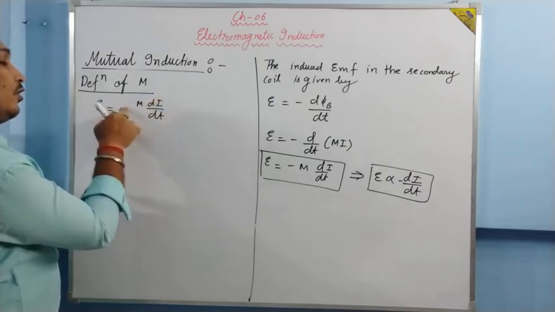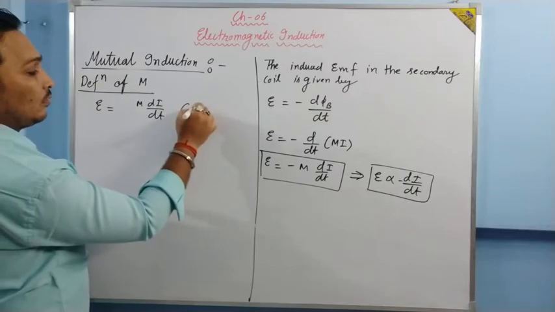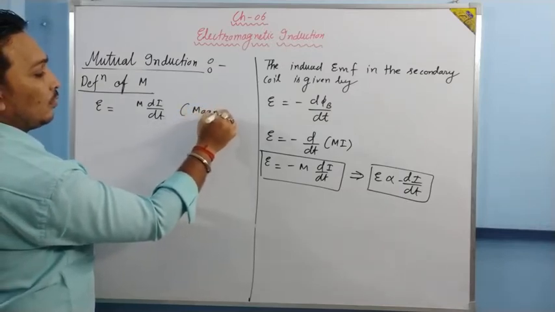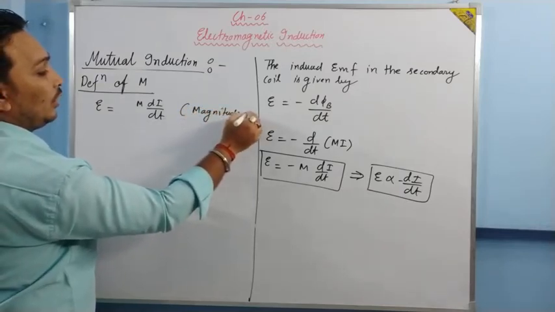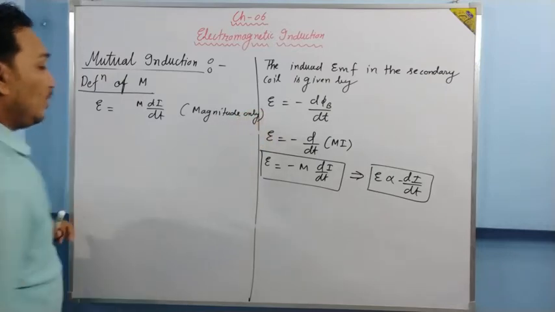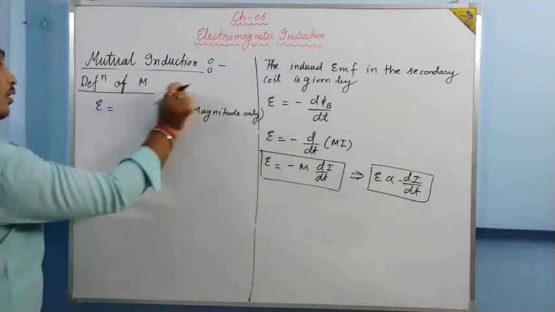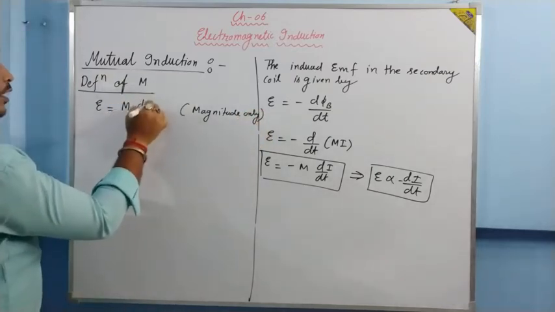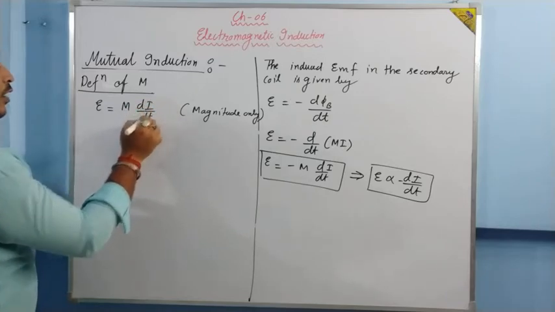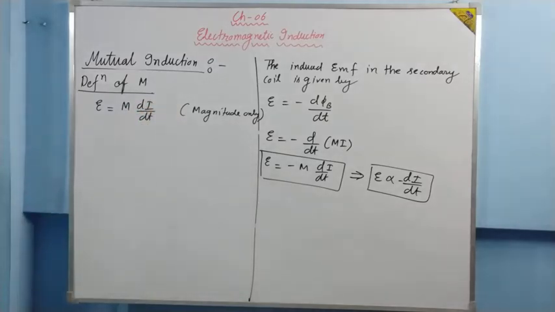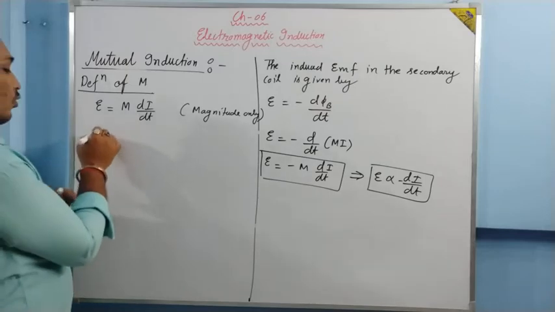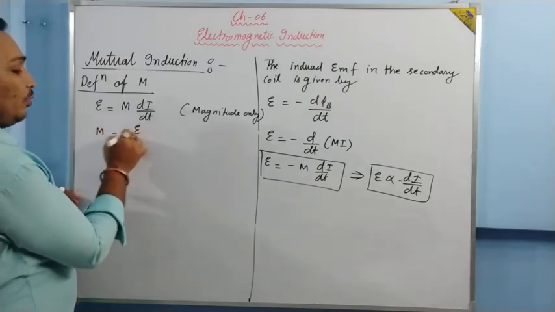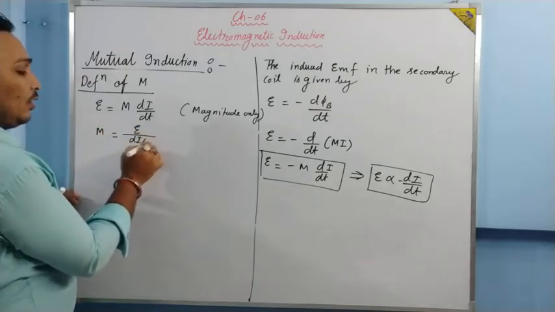If we consider only magnitude, then what will happen? We can write E is equal to M dI by dt. Correct? Now just see from here, if we calculate the value of M, it comes out to be E upon dI by dt.